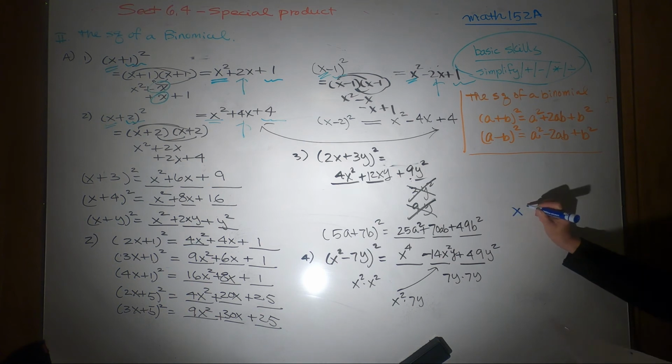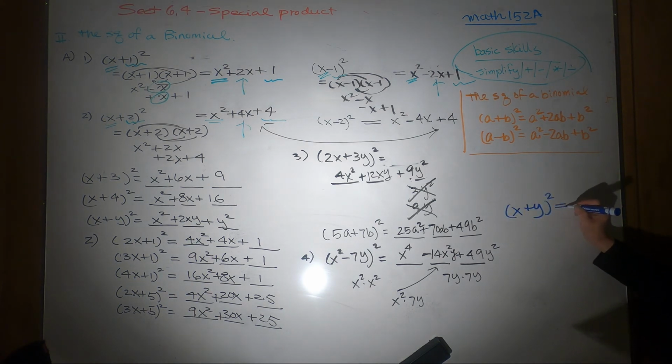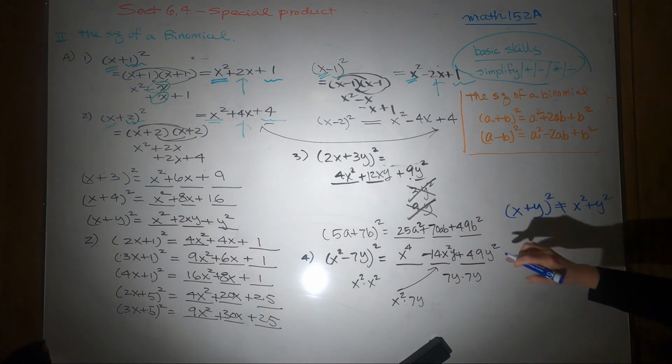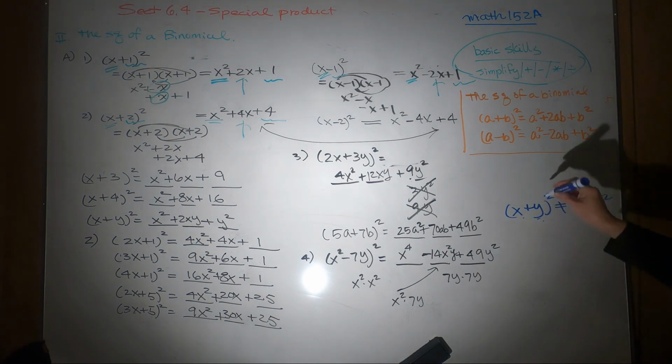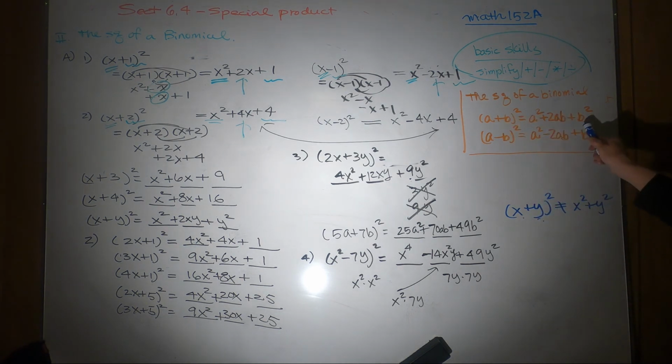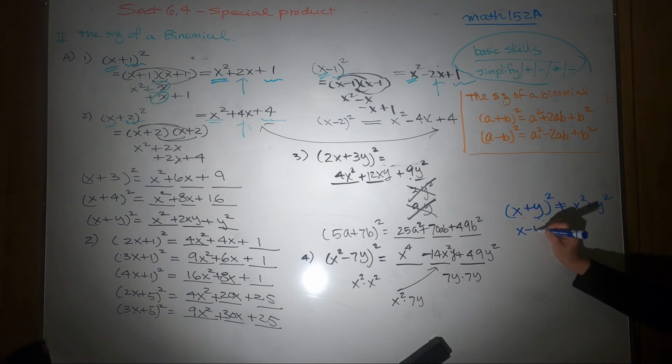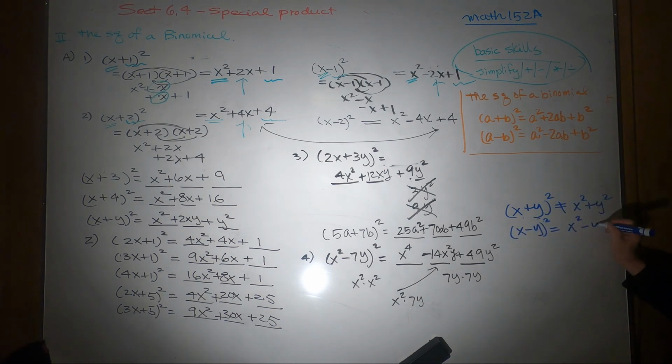So you will have x plus y squared, right? Don't write x squared plus y squared. You don't distribute your 2 because you have 2 terms times 2 terms. You have a trinomial. Same thing as x minus y squared, don't write it this way.